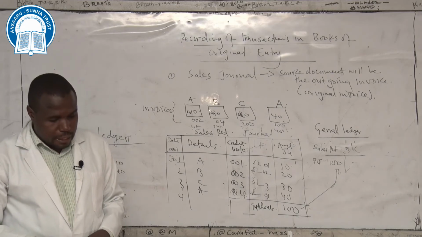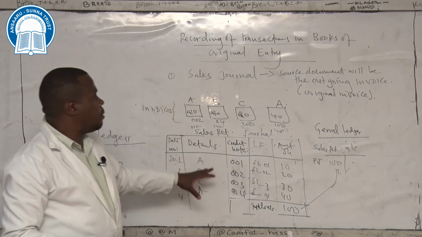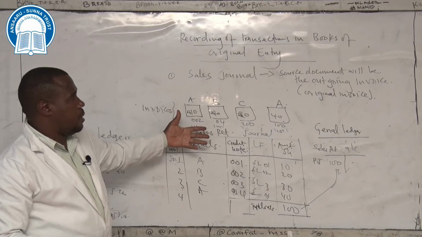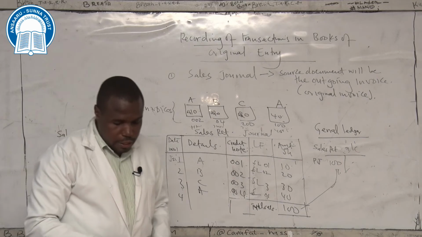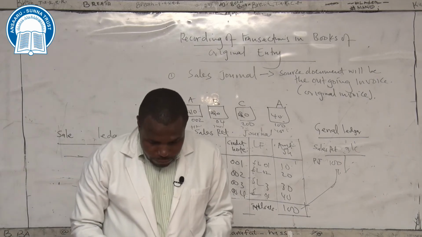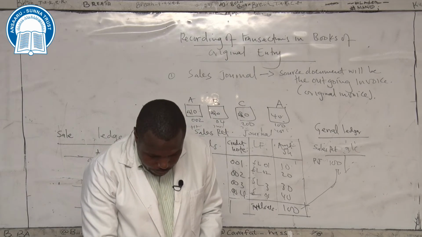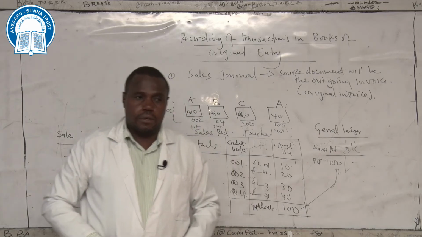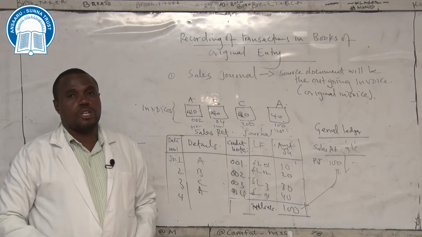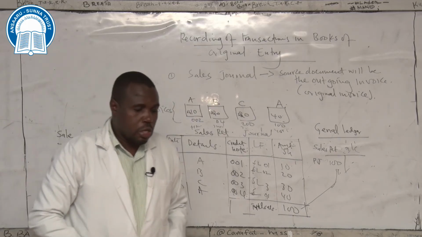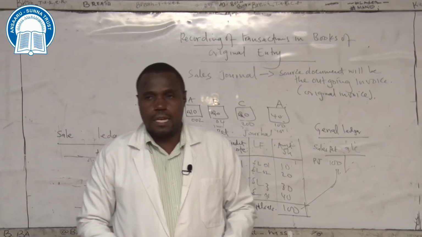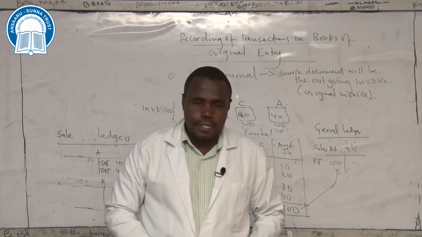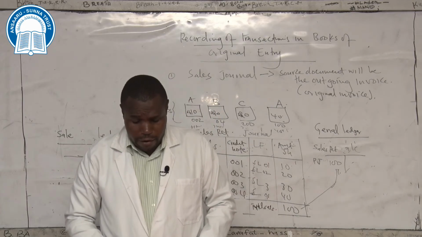Now, apart from that, we have just looked at like 2 or 3 books of original entry. The other books of original entry are, for example, the general journal. General journal is a book of original entry in which transactions that concern sales of fixed assets on credit or purchase of fixed assets on credit are recorded.